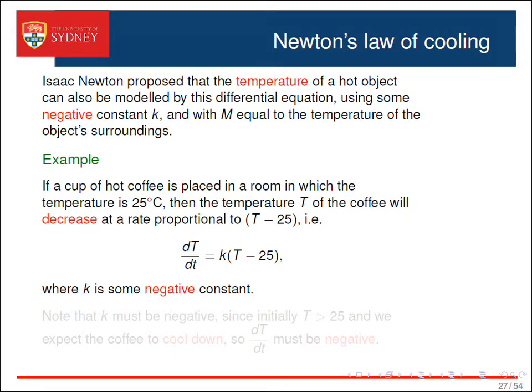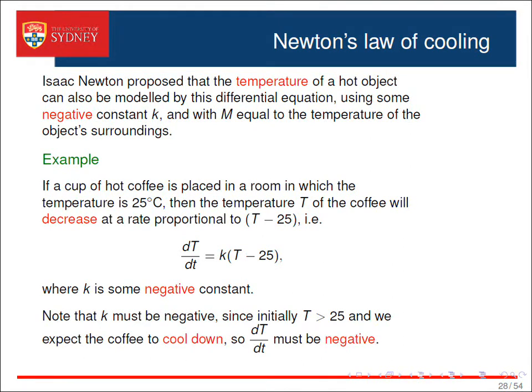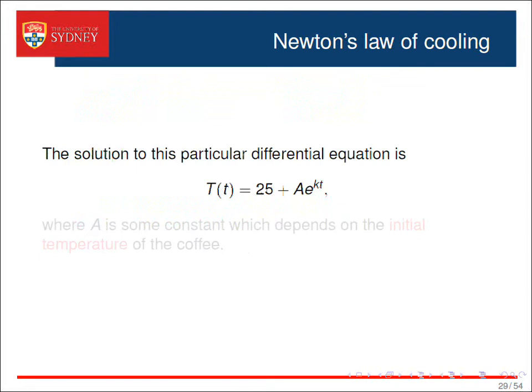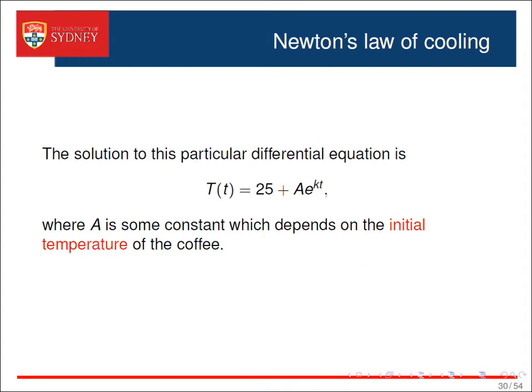Then the temperature big T of the coffee will decrease at a rate proportional to big T minus 25, the difference between the coffee's temperature and the room's temperature. K is negative here because we want the rate of change to be negative. As we saw before, the solution looks like this. The temperature at a time t is given by 25 plus a e to the kt, where a is some constant.